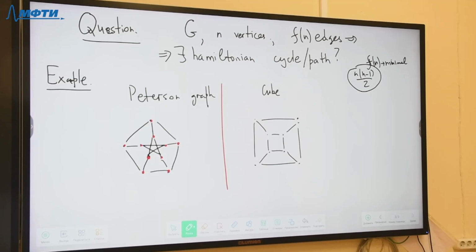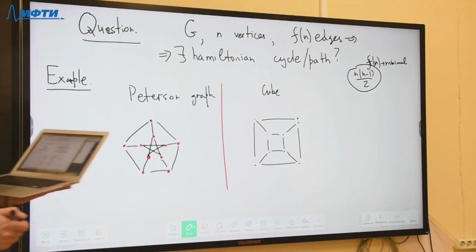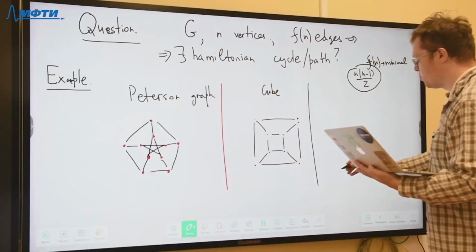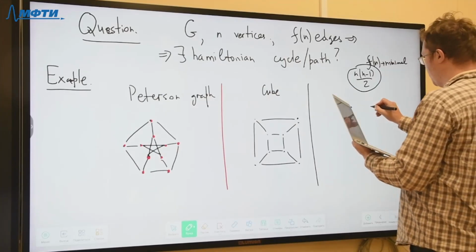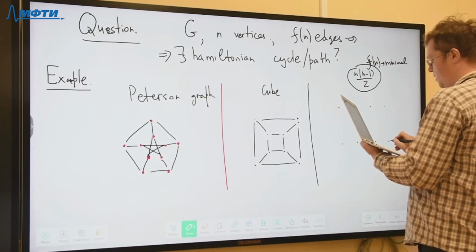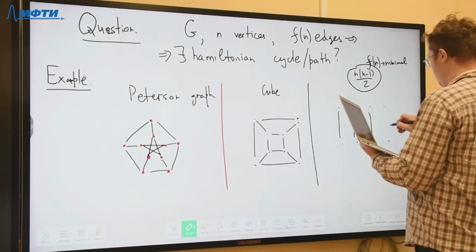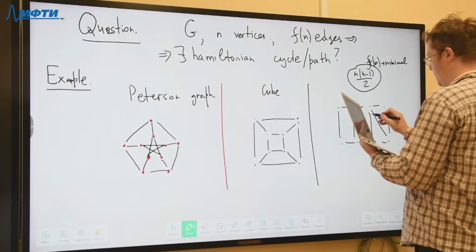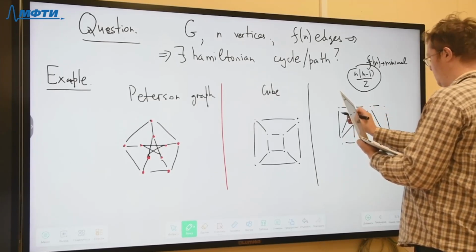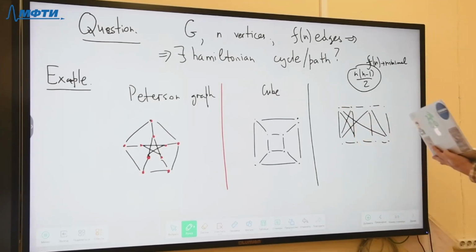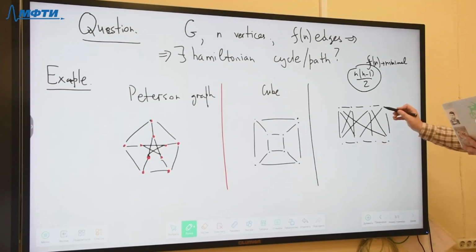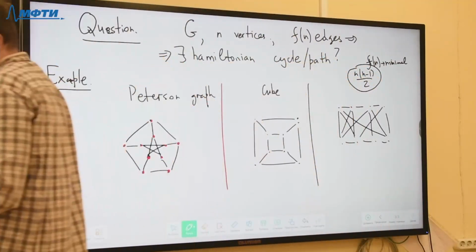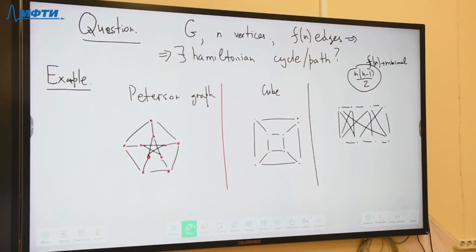Okay, so maybe I'll write another example. So the question is how to prove that. Can we have some... how can we provide a proof if a graph is not Hamiltonian?